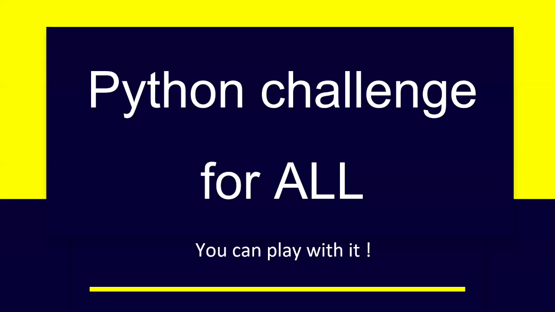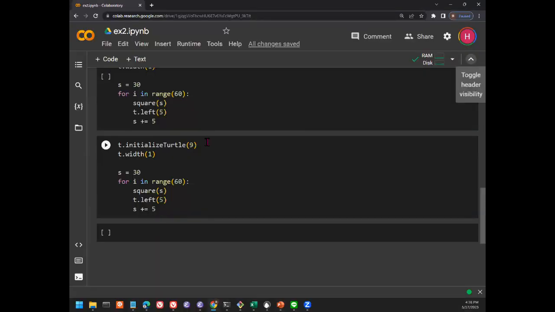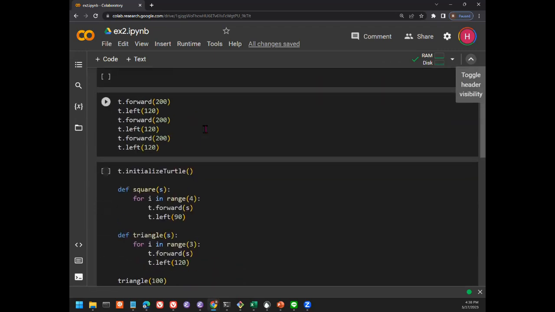Okay, let's see where we were last time. So last time we tried to draw a spiral by using, for example, squares, right? Let's check the code and see if we can remember that. Go to the EX2, go to the Google Colab, open the EX2, and then connect to the machine.